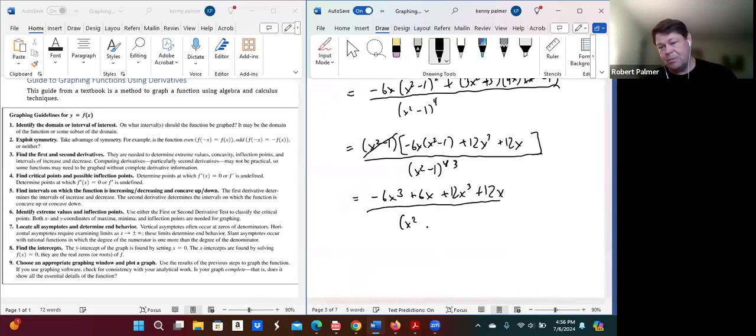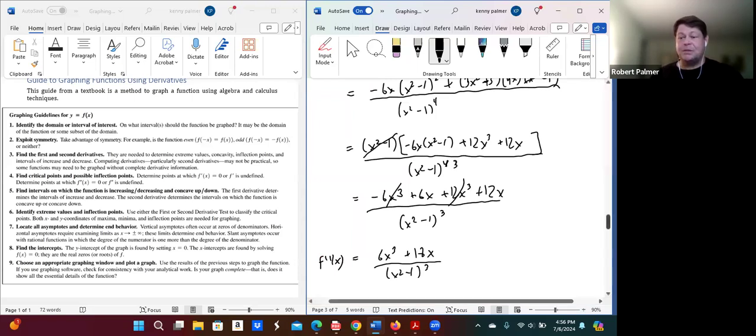Down here, I have x squared minus 1 cubed. Now, once again, combine our like terms. Negative 6x cubed and 12x cubed is going to be 6x cubed. Then combine my x terms. That's going to be 6x and 12x, plus 18x, over x squared minus 1 cubed. So this is our second derivative. Once again, I know that was a pain, but we made it through it.